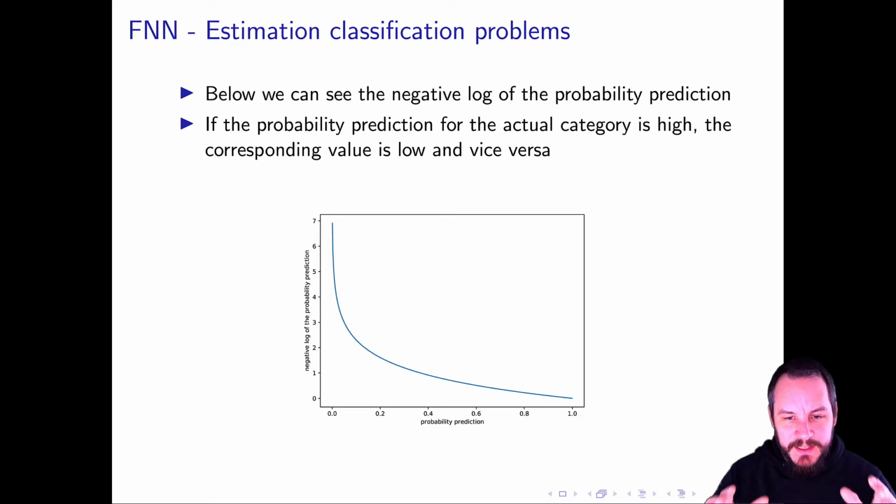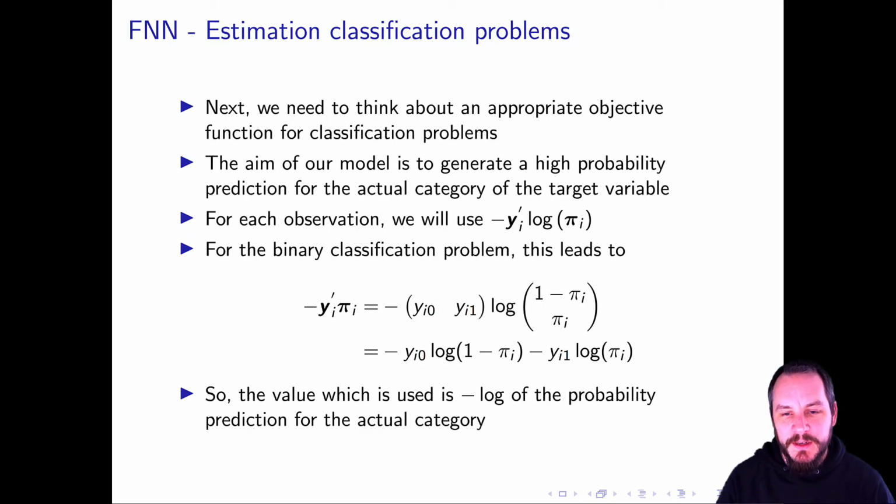So let's take a look at this here. First, what the loss function for a classification problem does is to compare the probability prediction for the category that we are actually observing, okay? So assume, for instance, we have a binary classification problem, and we have the dummy coding and encoding that we defined earlier.